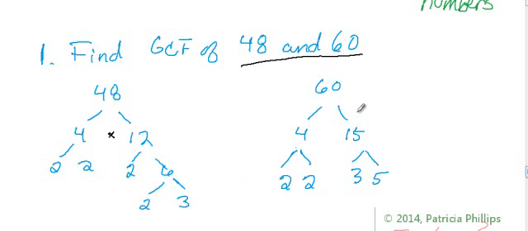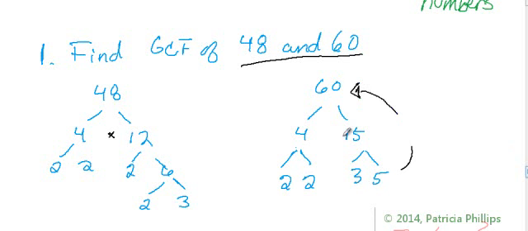60 can be broken down into 4 and 15. And keep in mind, if you start with different factors of 60, for example 20 times 3 or any different factors, it doesn't matter, because at the end, when you've broken everything down and you can go no further and you have all prime numbers at the bottom, at the end that will all multiply up to be this number.